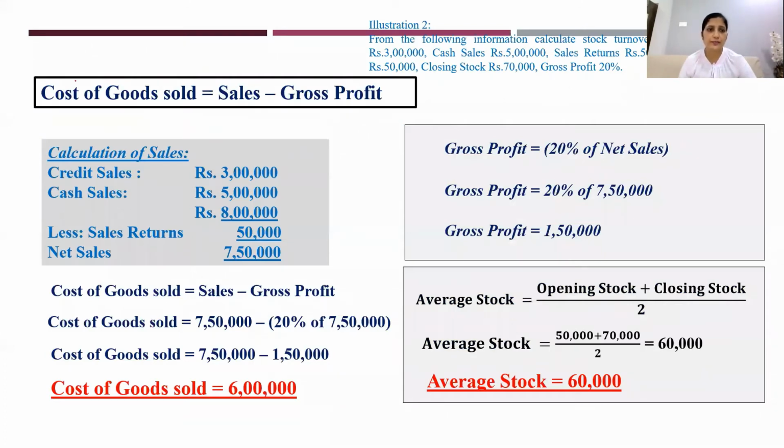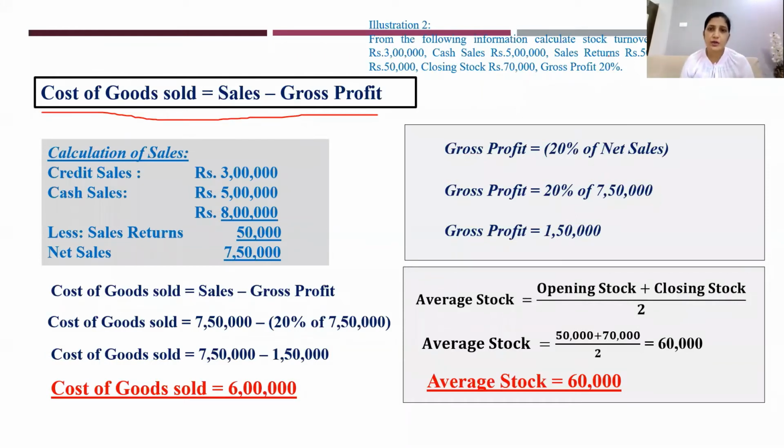So I'll be using this formula: cost of goods sold is equal to sales minus gross profit. When you say sales here, this is net sales, that is credit sales plus cash sales minus sales returns if it is there.